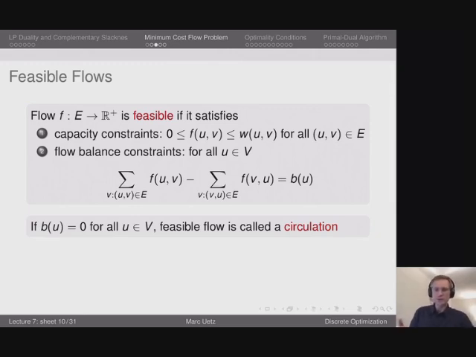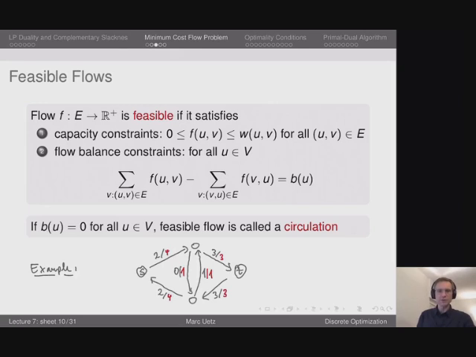And if you think this sounds strange, why isn't that always equal to 0? Of course, this is not necessarily true, right? So here's a little example where if you check at each particular node, the flow into that node is equal to the flow out of that node.